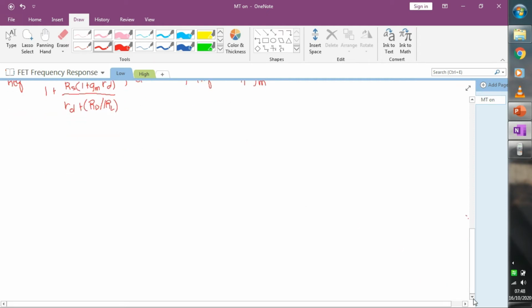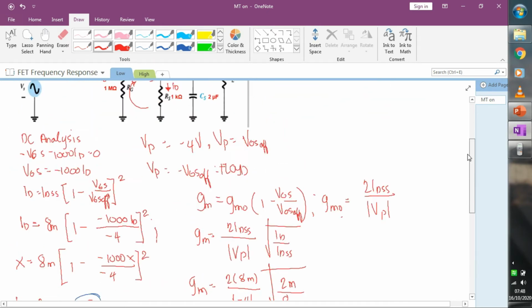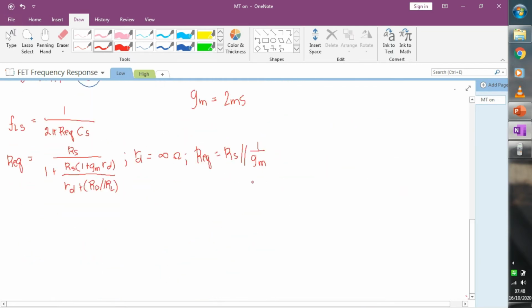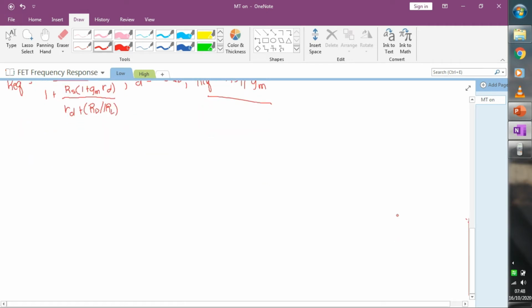Okay? So, in our case, the value of our RD is infinity ohms. So, it is very clear that we will use this formula. Okay? So, REQ is equal to RS parallel with 1 over GM. So, our RS is 1 kilo ohms parallel with 1 over GM.